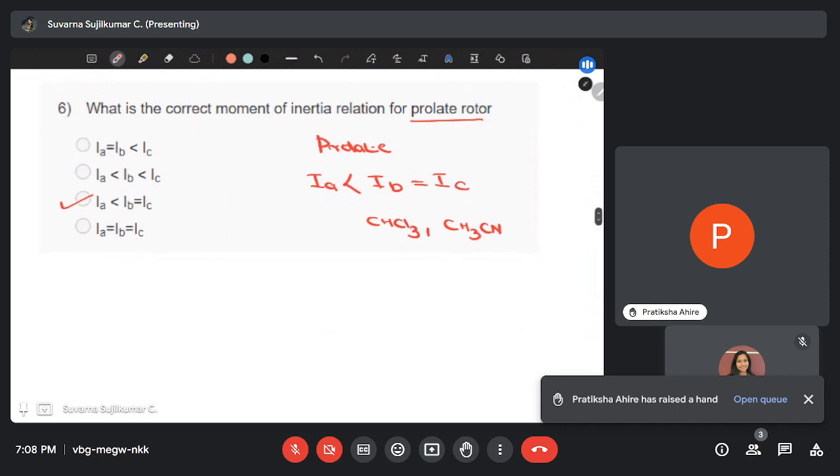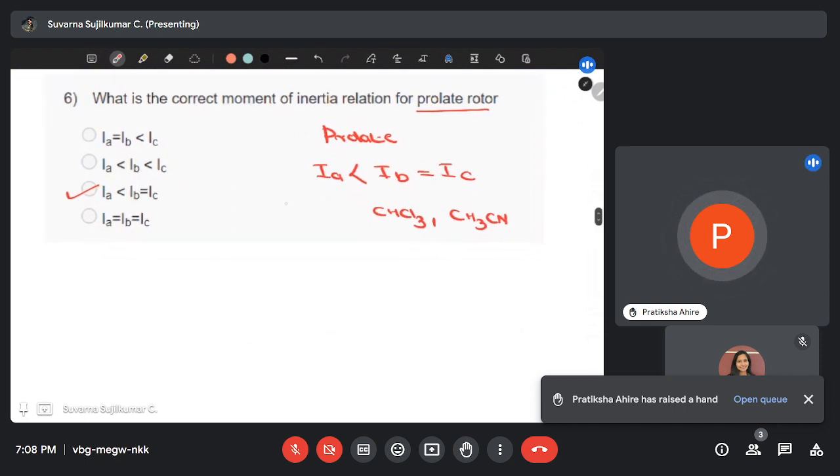So for a prolate rotor, the correct moment of inertia relationship is IA, the moment of inertia about the A principal axis, less than IB equal to IC. This is the relationship for examples like CH3F and SF5Cl. Another category of symmetric rotor is oblate.